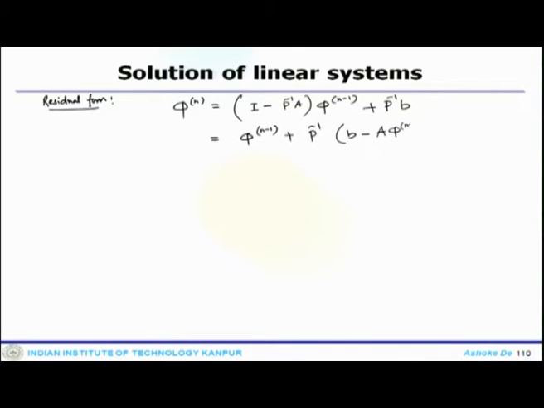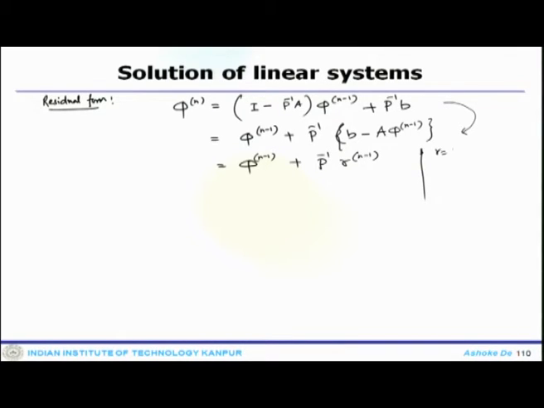So essentially what we are doing from this step to this step is just rearranging the terms. This is the identity matrix multiplied with the n minus 1 level variable, and then you take P inverse A to that side. So this becomes phi n minus 1 plus P inverse r to the power n minus 1.